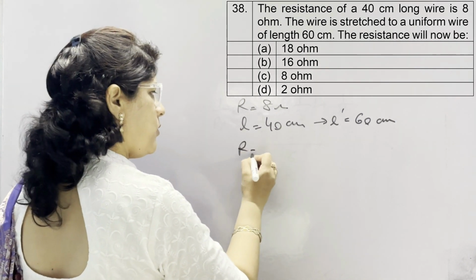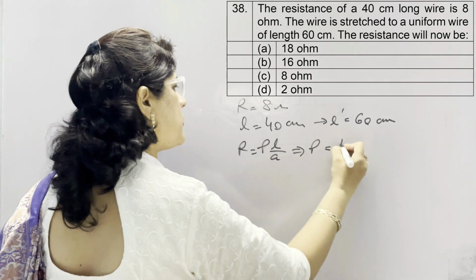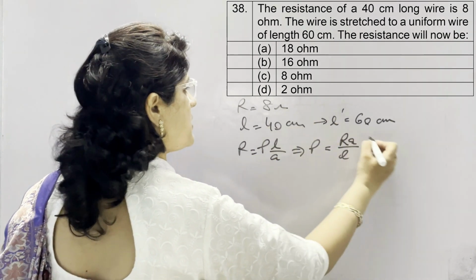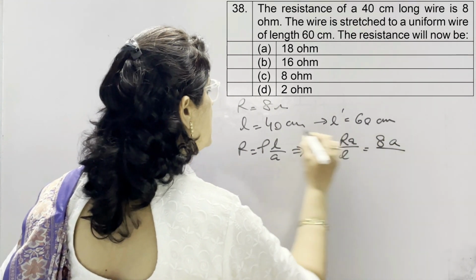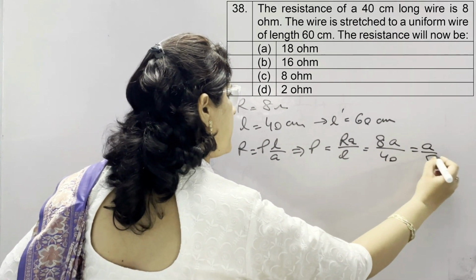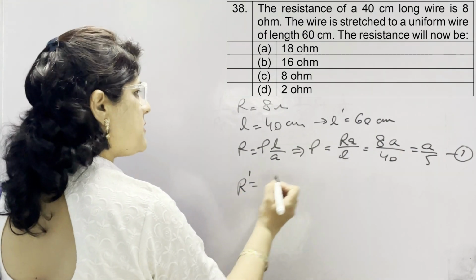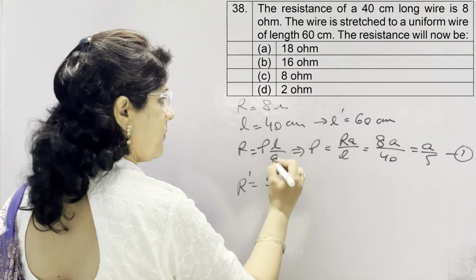So R is equal to rho L upon A, then resistivity is equal to R A upon L. Now R, resistance is given as 8, area they have not given and length, original length, is 40. So the resistivity value is A upon 5. Now new resistance is equal to resistivity A upon 5 times length upon area.